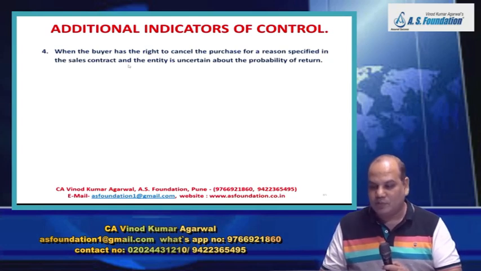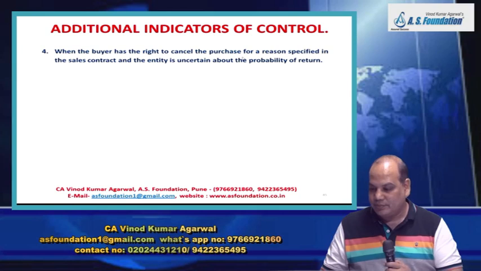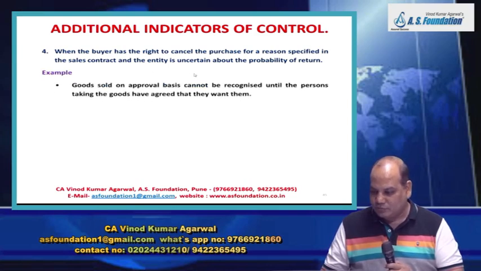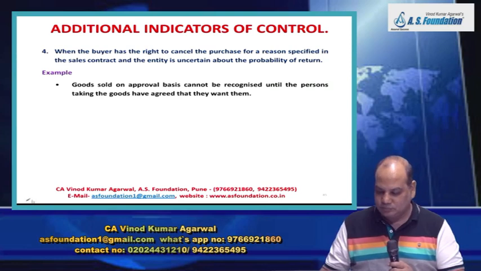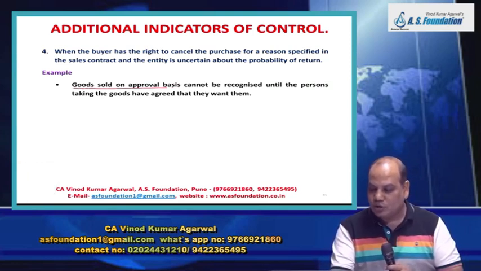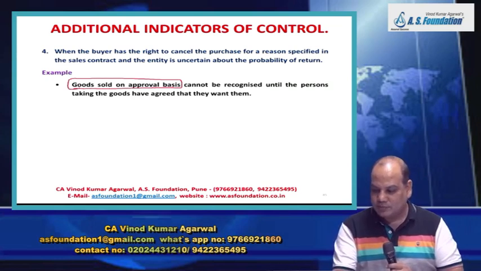Point number 4, when the buyer has a right to cancel the purchase for a reason specified in the sales contract and the entity is uncertain about the probability of return. This is popularly called goods sold on approval basis.